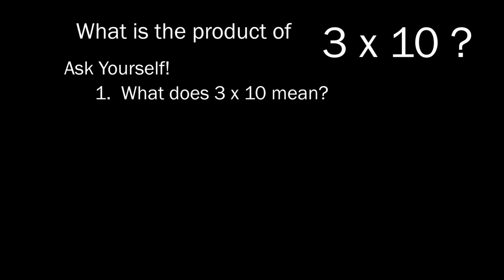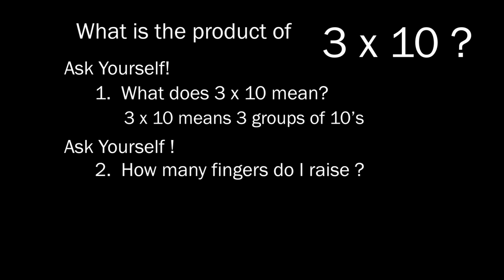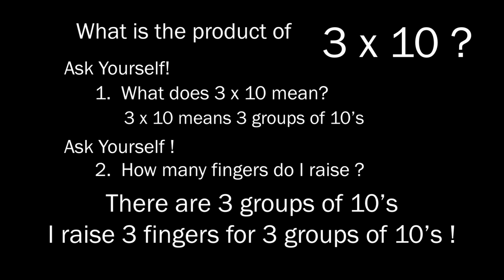What is the product of 3 times 10? What does 3 times 10 mean? 3 times 10 means 3 groups of tens. How many fingers do I raise? There are 3 groups of tens, therefore I raise 3 fingers for the 3 groups of tens.